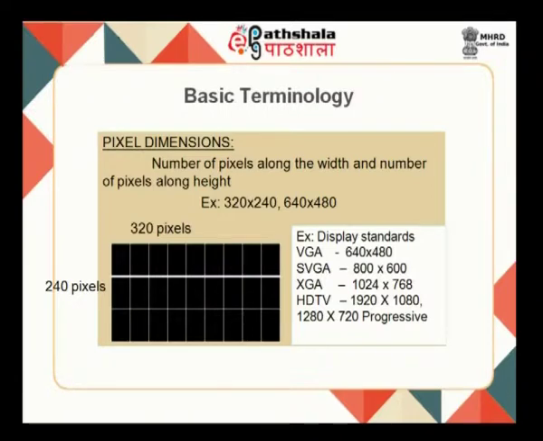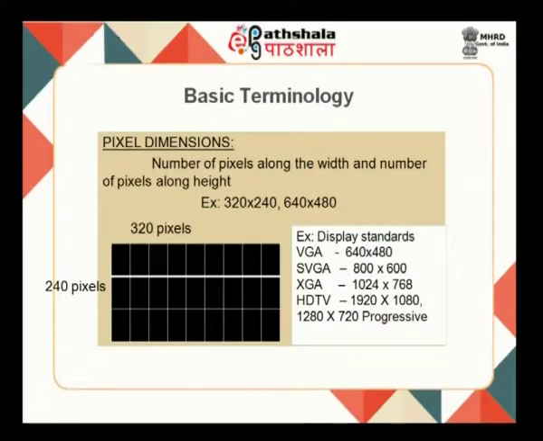You might have seen on your display devices that these are some of the standard display settings. You would often need to change these on your monitor depending on the requirements of the application. Here, the number of pixels along the width and the number of pixels along the height make the pixel dimensions.